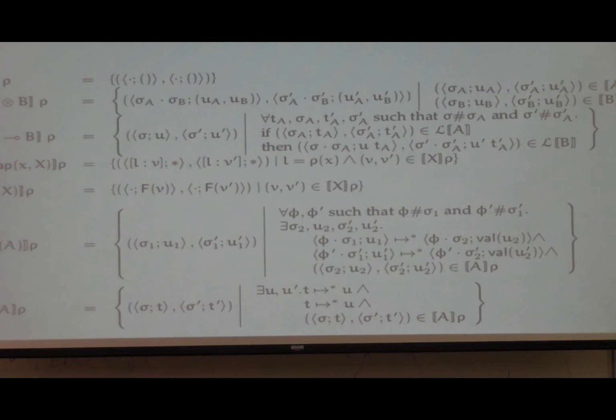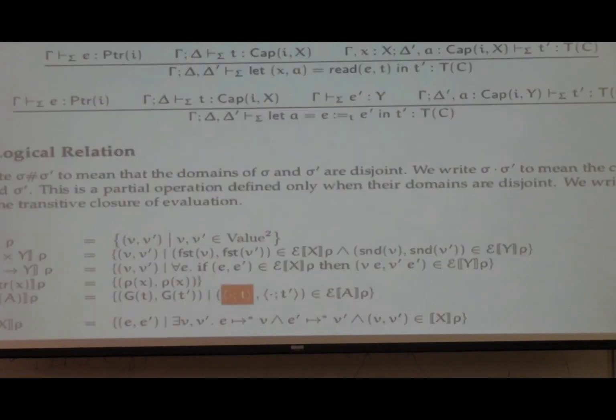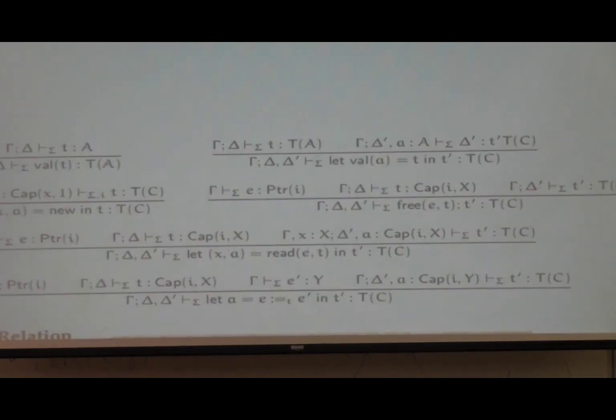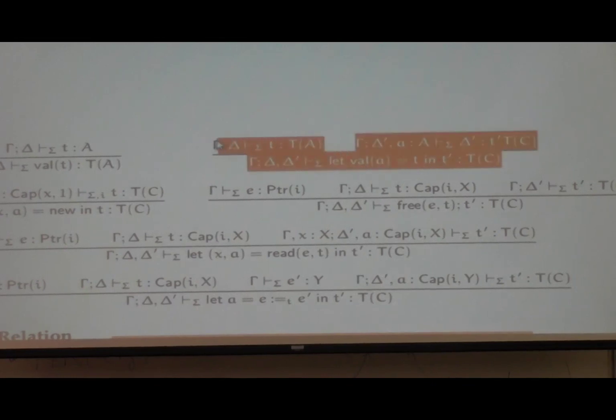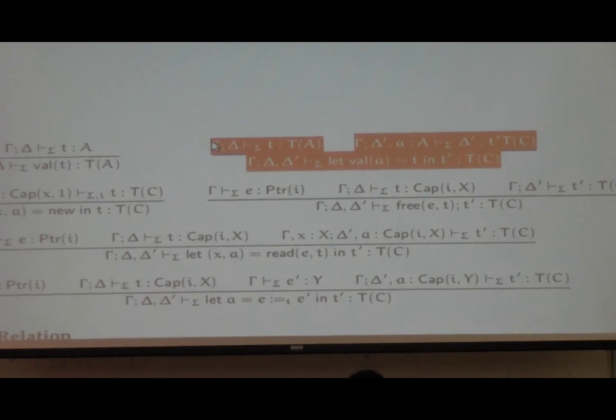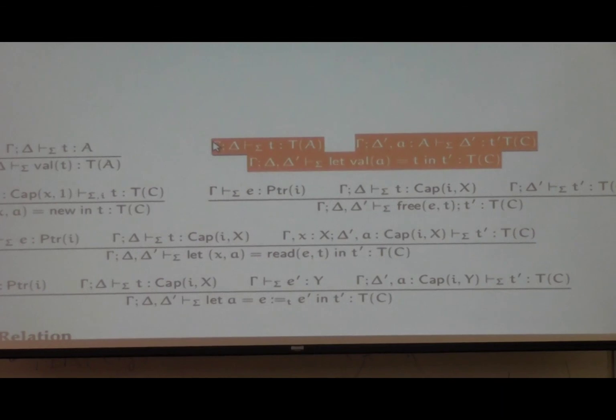And the reason that it's necessary is your correctness proof will fail without that condition. Right here, when you try to validate this rule, you'll fail if you don't have this extra phi condition.